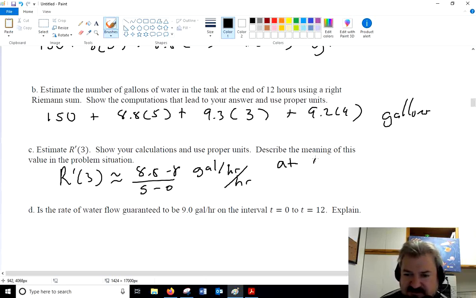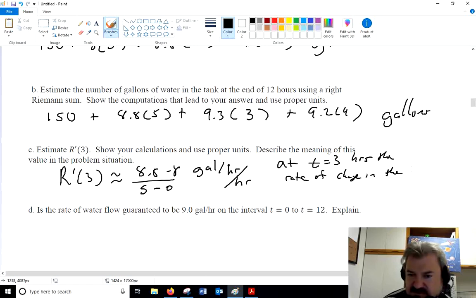So what that means is that at t equals 3 hours, the rate of change in the flow is whatever that is, 0.8 over 5 gallons per hour per hour.